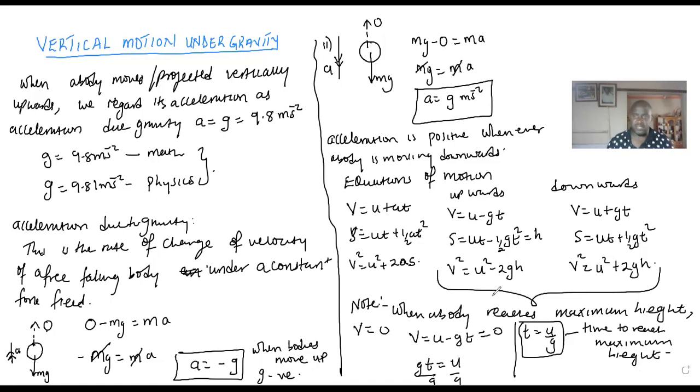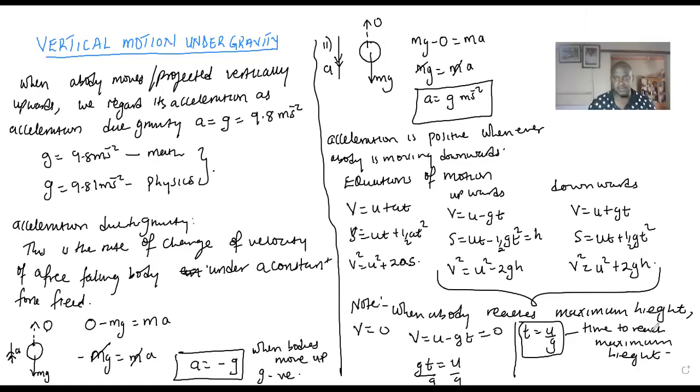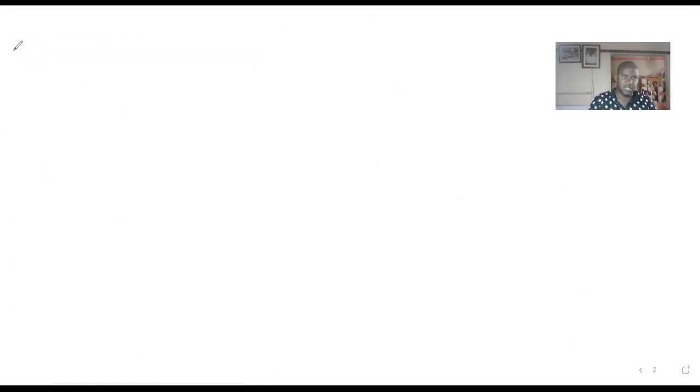You can also get maximum height as a result of having final velocity being equal to 0. So if final velocity is 0, you can also attain height maximum from V squared is equal to U squared minus 2GH. Final velocity we have said is 0. So 0 would be U squared minus 2GH.